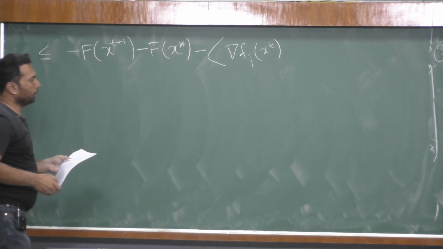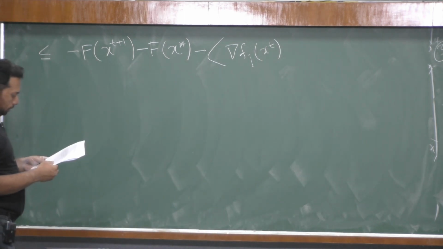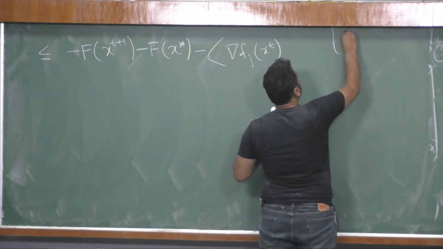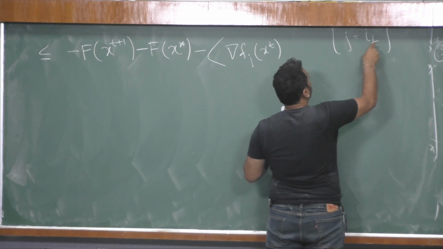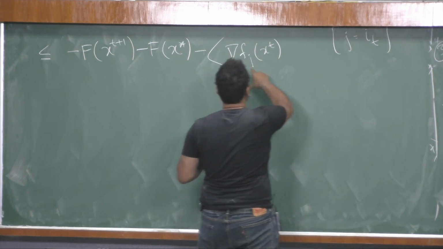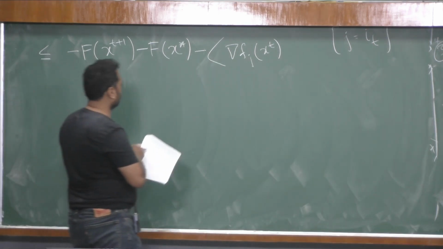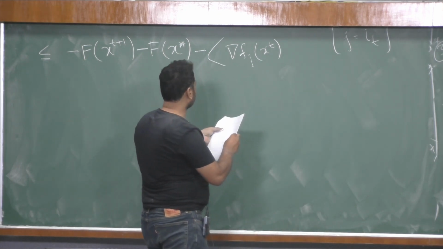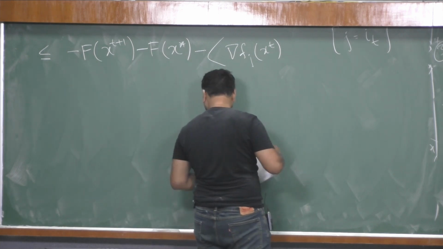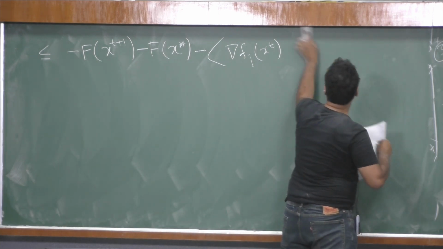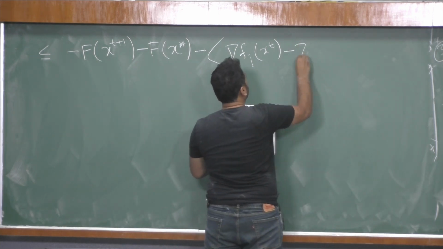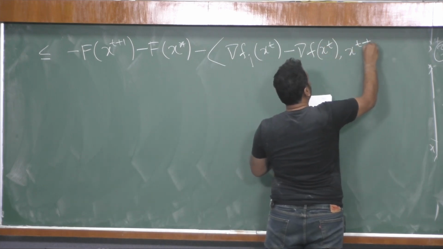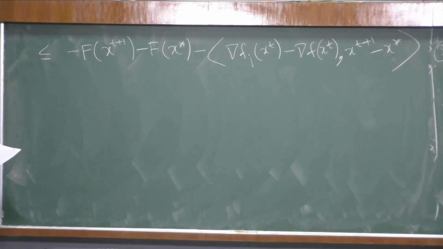Here the j stands for the sample that you are picking randomly, a shorthand for it. So we are left with grad f j xt and then minus grad f xt, times xt plus 1 minus x star.